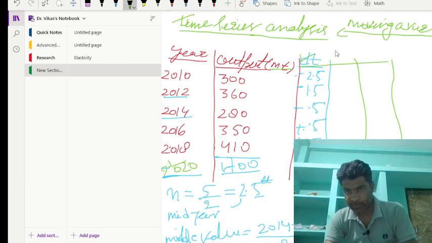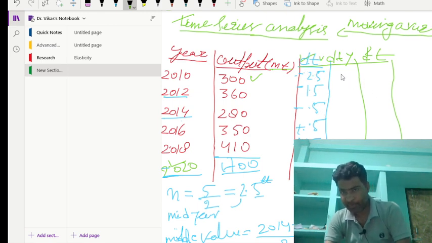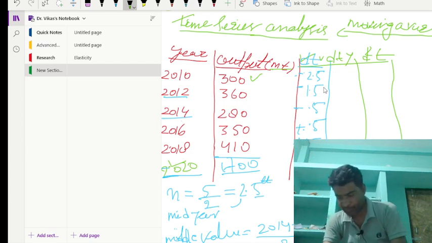One is dty, another is d squared t. Dty is this value multiplied by this value, and d squared t is by squaring all this value. So after applying this, we will get the values. I am putting down these values one by one in the given columns.